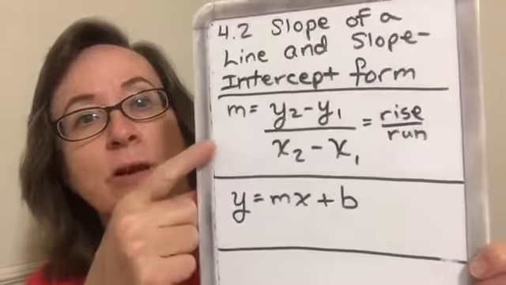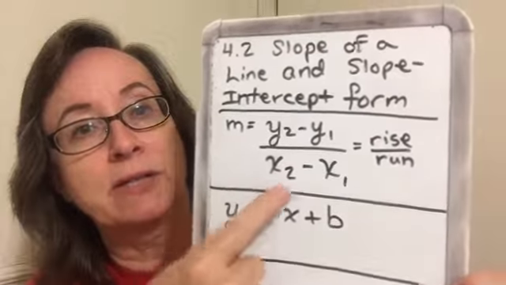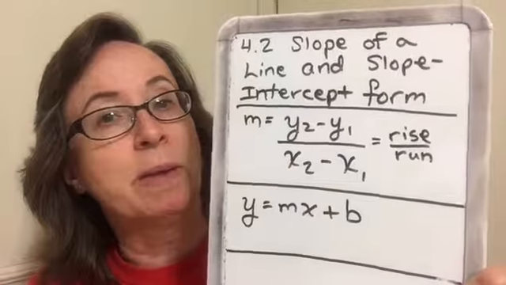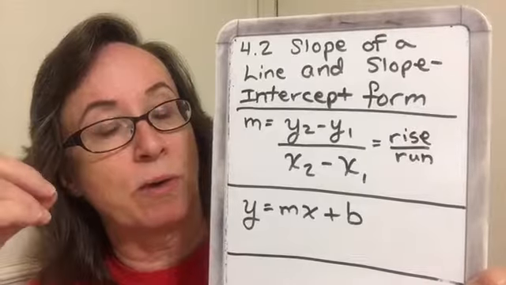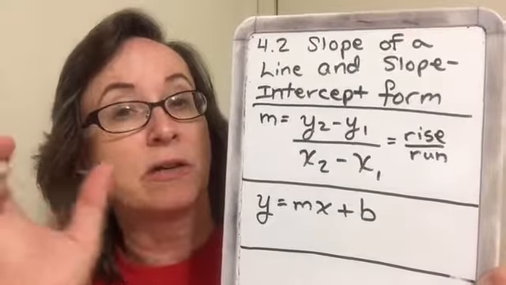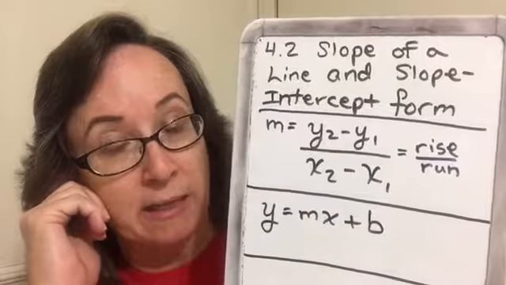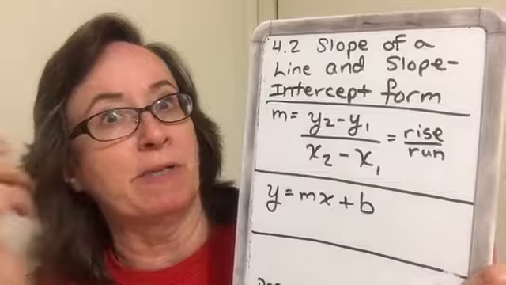So this is our slope formula. Y2 minus Y1 over X2 minus X1. Remember that Y2 and Y1 and X2 and X1 stand for the Y and the X values, coordinates of a point, a specific point. So we'll be given some specific points.